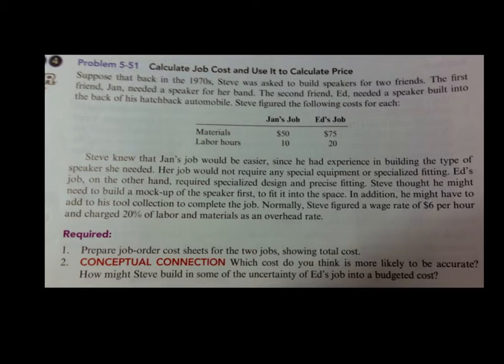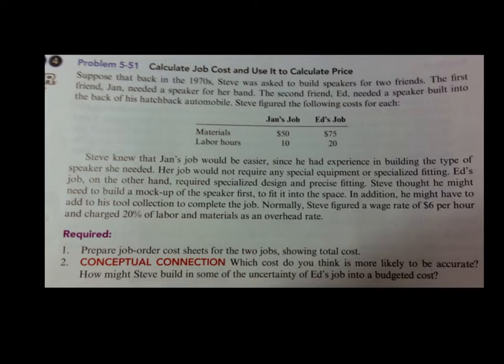Steve thought he might need to build a mock-up of the speaker first to fit it into the space. In addition, he might have to add to his tool collection to complete the job. Normally, Steve figured a wage rate of $6 per hour and charged 20% of labor and materials as an overhead rate. Part 1. Prepare job order cost sheets for the two jobs showing total cost.